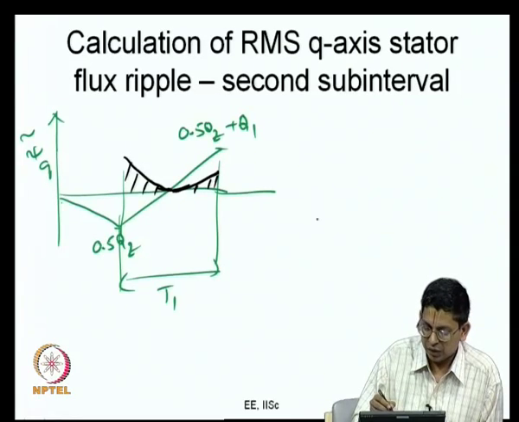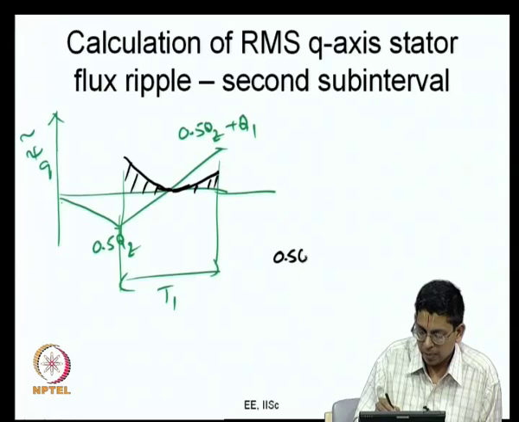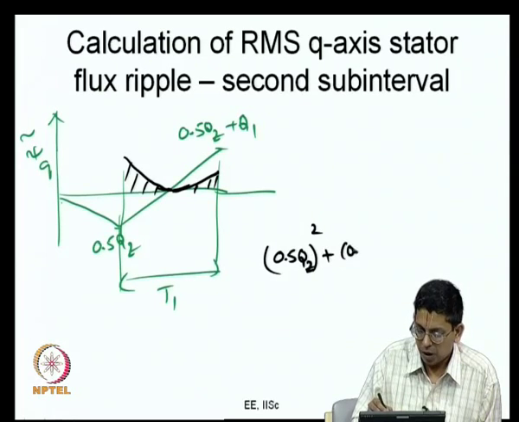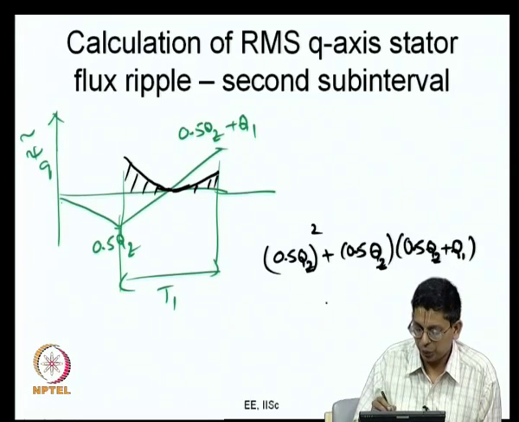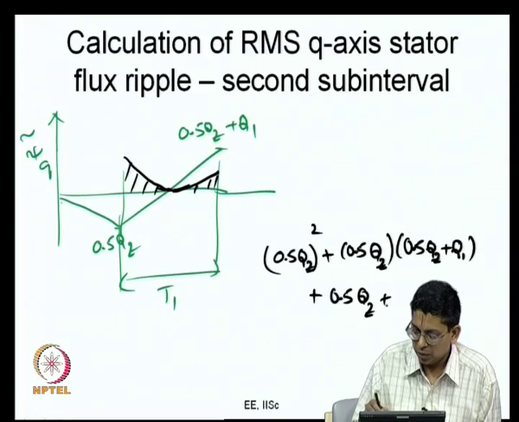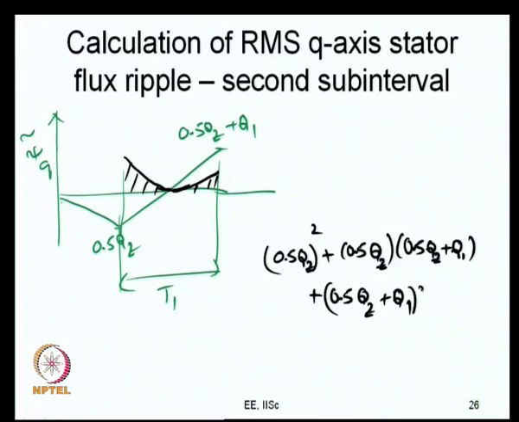What you do is you have 0.5 Qz, you square it, then plus 0.5 Qz multiplied by 0.5 Qz plus Q1, plus 0.5 Qz plus Q1 the whole square.